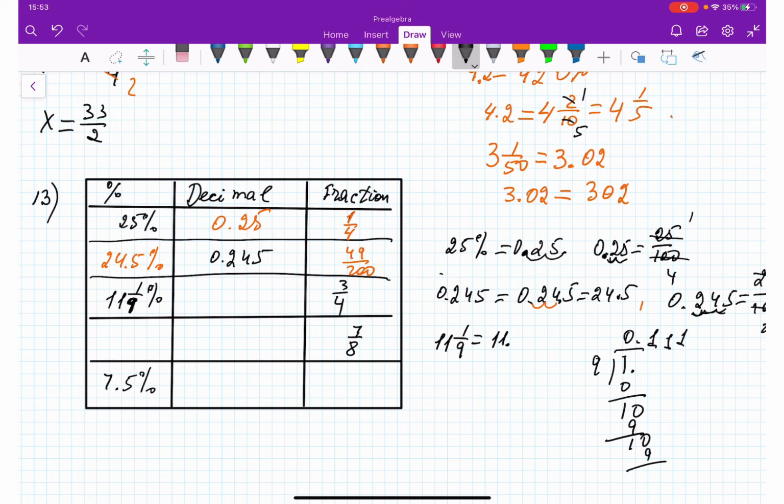So it's going to be 0.1, and I'm putting a repeating sign. Okay? And we are getting, wait a minute, 1, 2, 3, 4, 5. 1, 2, 3, 4, 5, 6. Okay. See, I missed it. Okay, no problem. I'll add here.